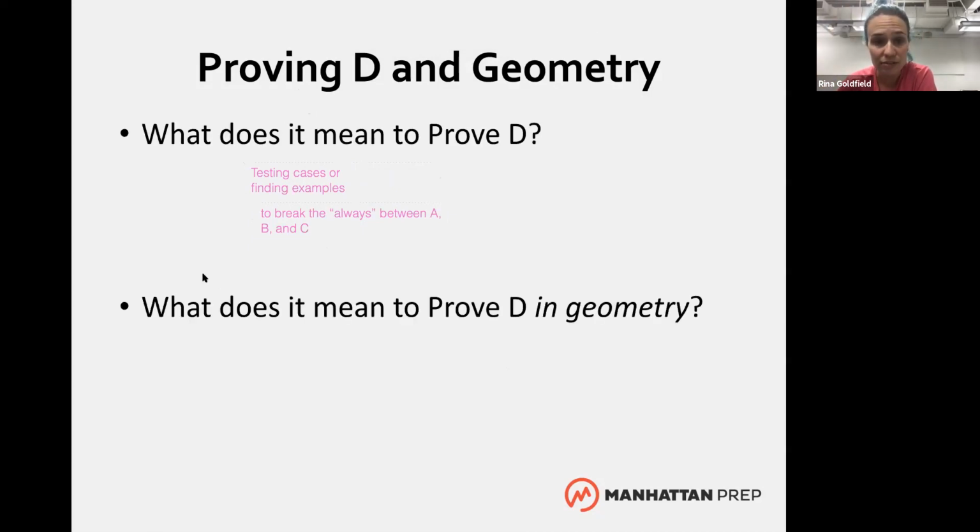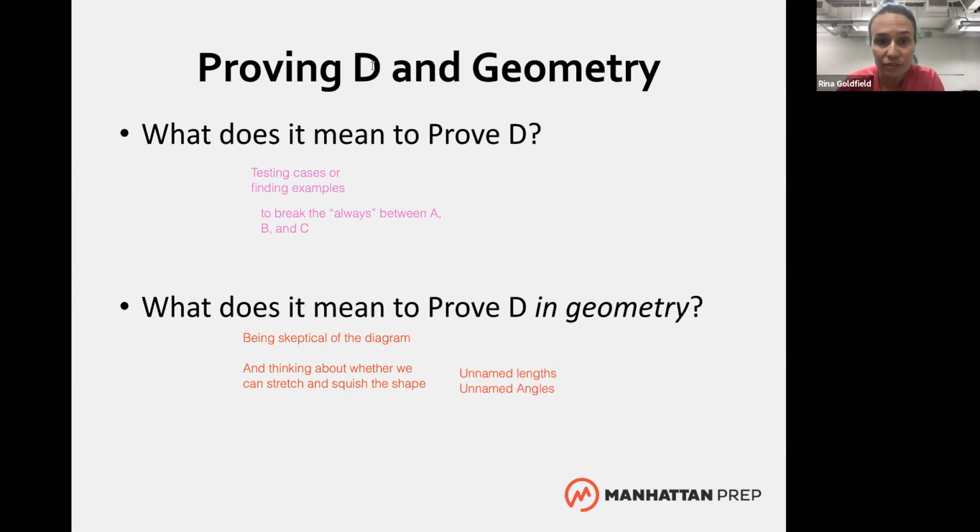What does that mean for geometry? It goes back to when Ekaterina was like, we can't trust the diagram entirely. It means being skeptical of the diagram and thinking about whether we can stretch and squish the shape. In particular, we're going to look for unnamed lengths and unnamed angles.